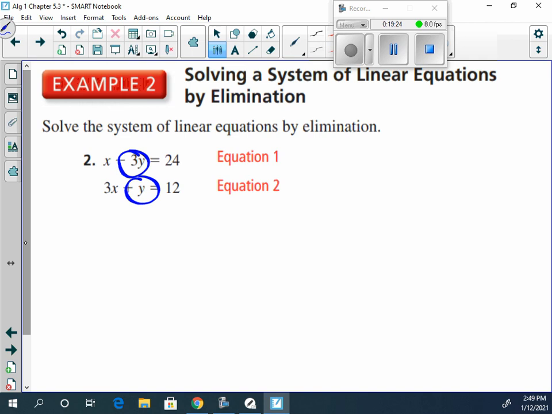What do I need to do to y to make it be 3y? What times y will give me 3y? 3, because 1 times 3 is 3.